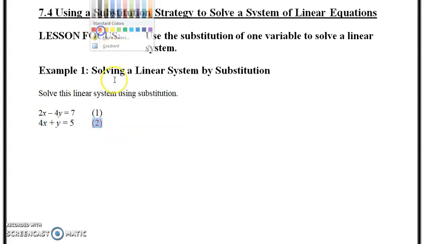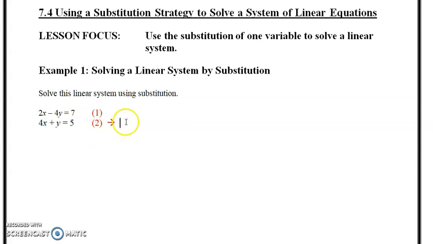Next, what we want to do is solve one of these equations and set it equal to a single variable. Obviously there's a coefficient in front of every variable except for this y. So we're going to leave the first one alone, but the second equation we want to set equal to y.